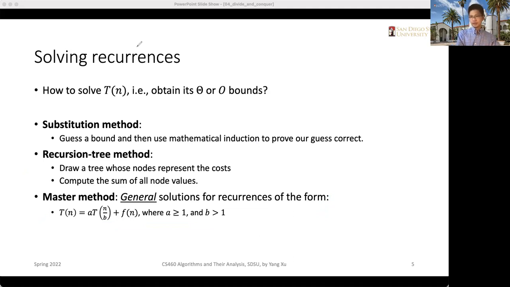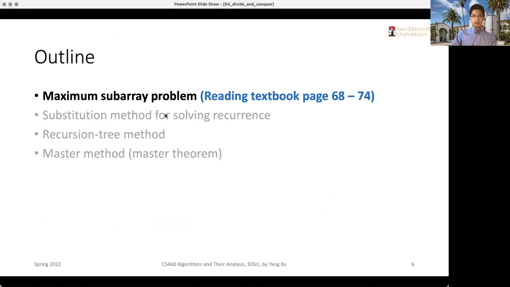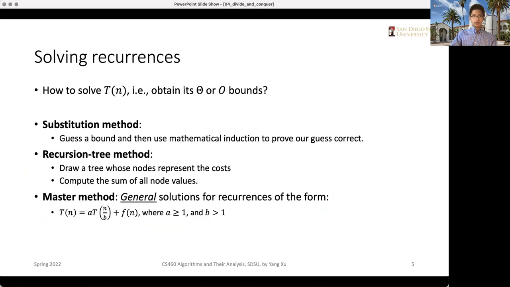Yes, so T of n is a function to describe the running time of an algorithm. All right. So that is an overall overview of the goal of the chapter.